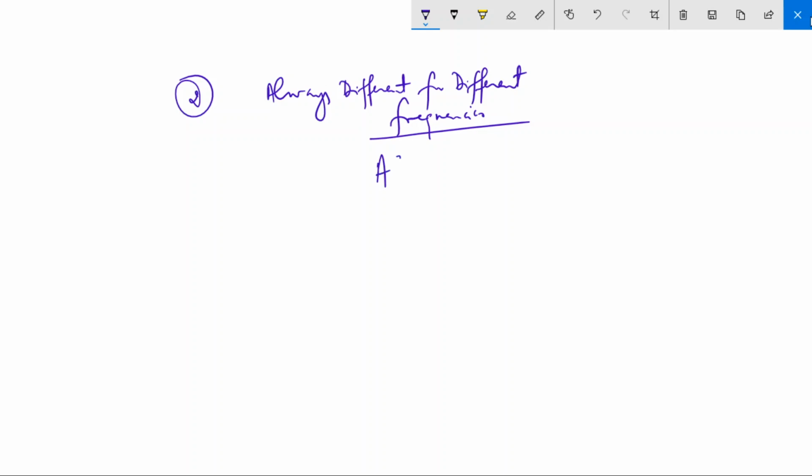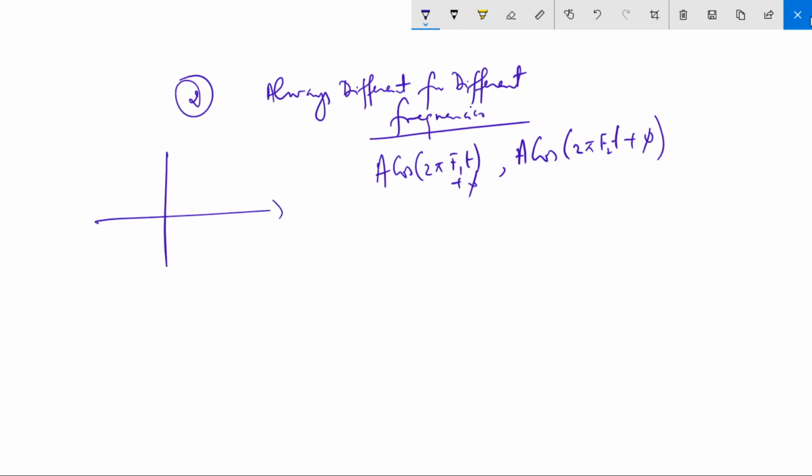So if you take one signal A cos of 2 pi 1 t and another signal A cos of 2 pi 2 t plus phi, the frequencies are different. It means these signals will be different, they will never match.